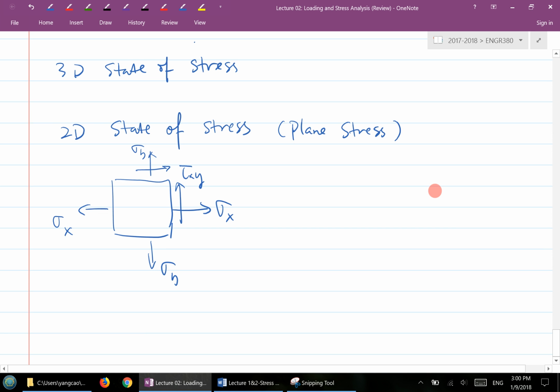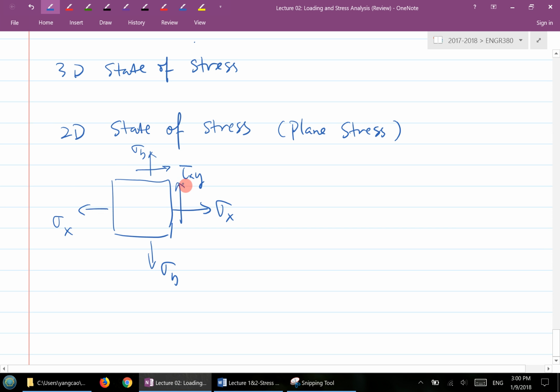What transformation basically means is, suppose this is the state of stress that you obtained when you cut vertically. Now, as I said, you can cut differently, with a different cross section and orientation.